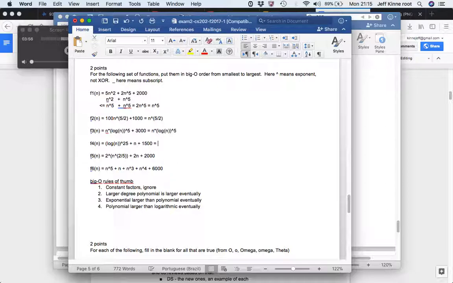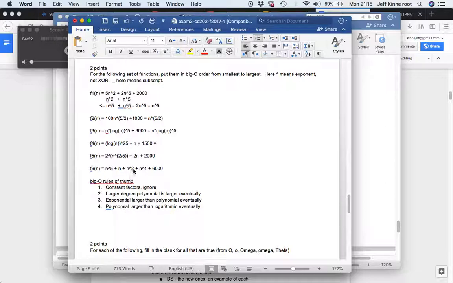For this one here, this log n to the 25th, we can't get rid of that either, but we can use our rule of thumb that a polynomial is larger than a logarithmic eventually. Logarithmic means log n to some power. That's a constant. So log n to the 25th is a logarithmic function.